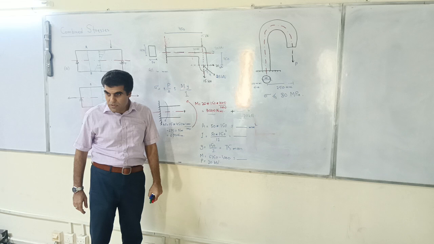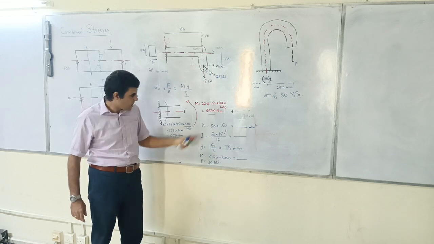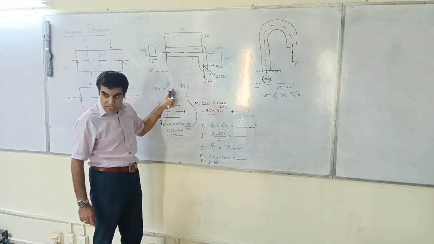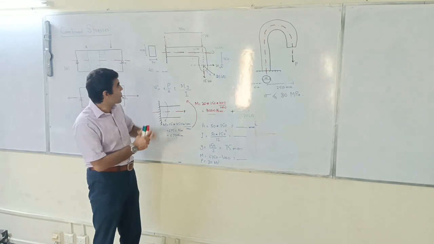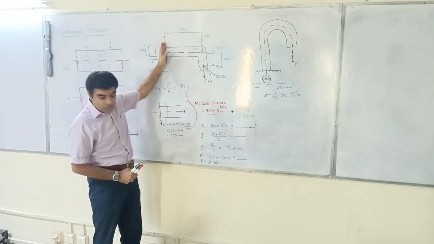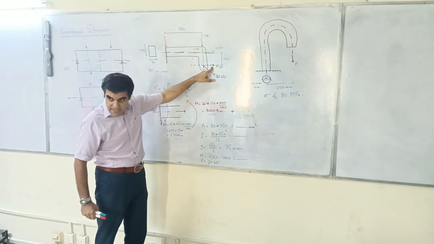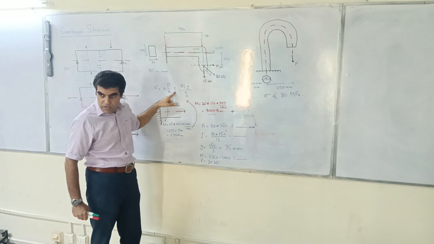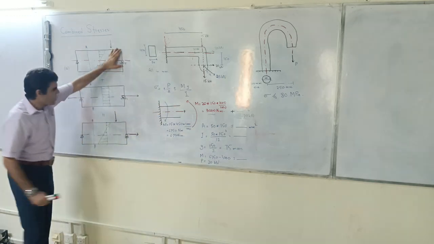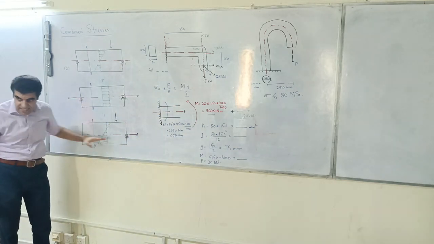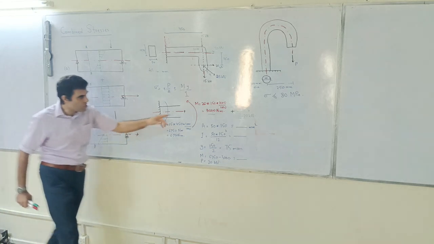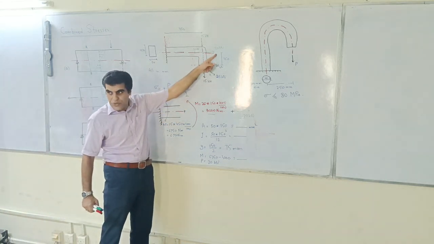The P in the formula is with respect to this cross section. So in this cross section your P is axial. This is always axial. As we discussed over here, this is the axial load which is applied. So the axial load in this case is 20 kN.